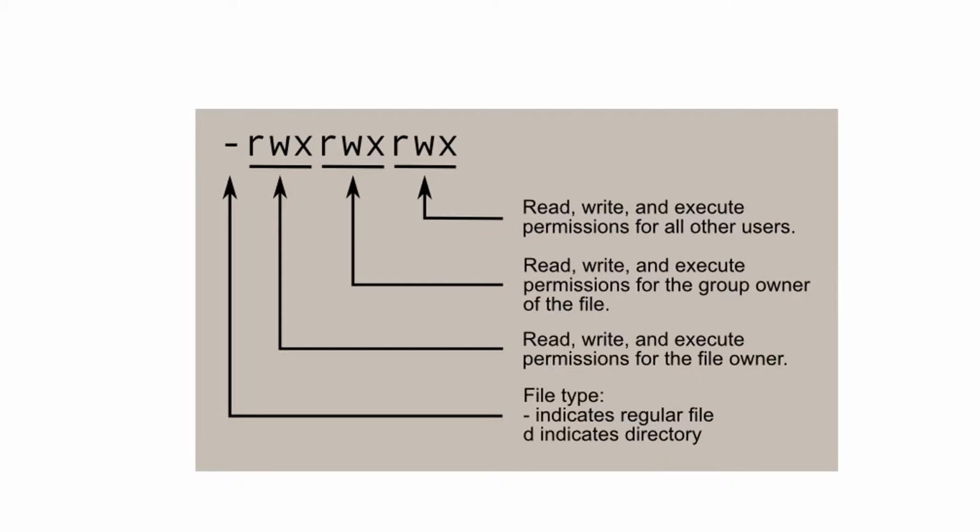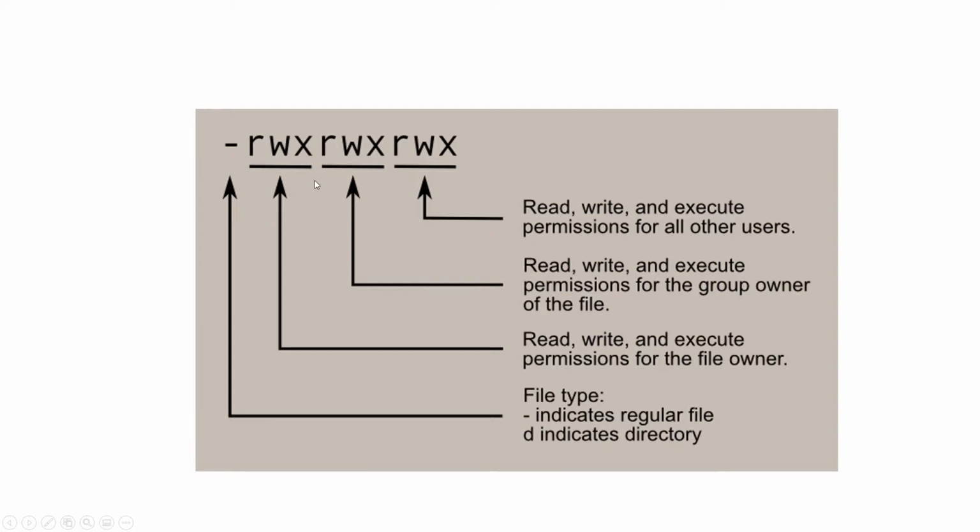When you give them write access, you're giving someone the ability to actually create, edit, and modify that specific file. And when you give someone the execute permission, you allow them to run a script, right?